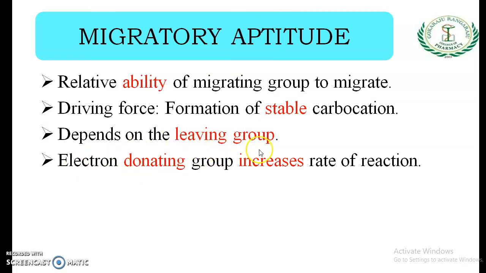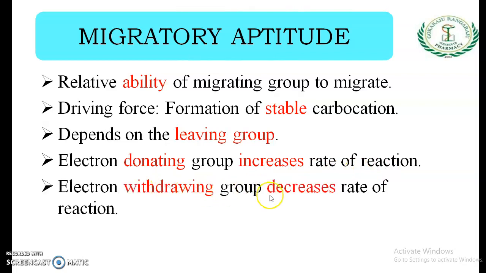reaction will proceed faster. If an electron donating group is present on the migrating group, it increases the rate of the reaction. Why does it increase the rate? The electron donating group donates electrons onto the positively charged carbocation, nullifies the positive charge that is present, and increases the stability of the carbocation formed, thus increasing the rate of the reaction.